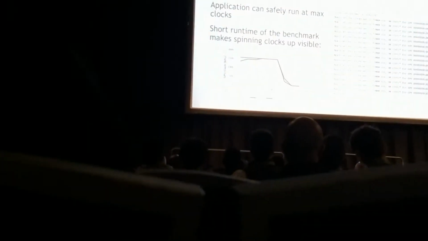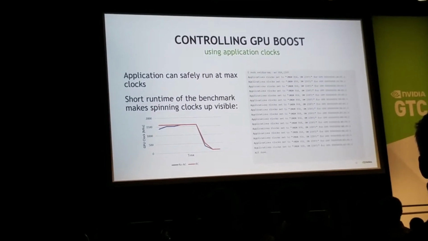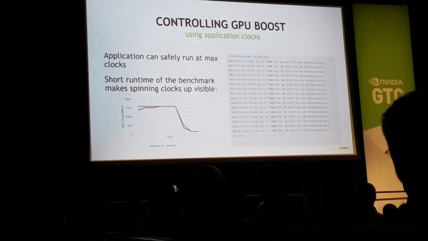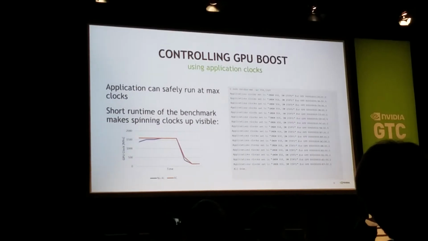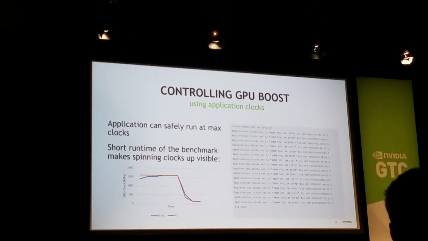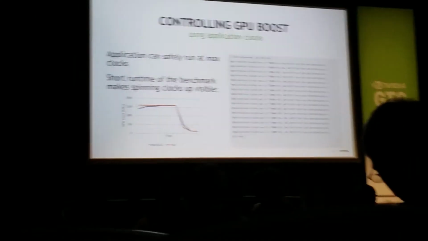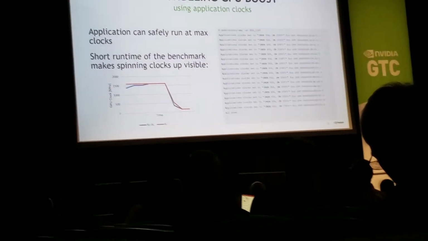Realistic simulations would run for such a long time that this is not noticeable. So in case you want to reproduce the numbers, I'm pointing that out. I'm setting the application clocks to the highest possible value. This code can run safely at that, so it can sustain those clocks, which essentially defines the floor for the GPU boost if no thermal or power budget violations occur.